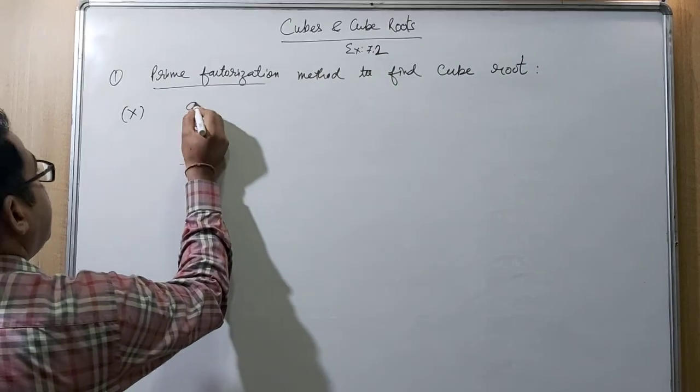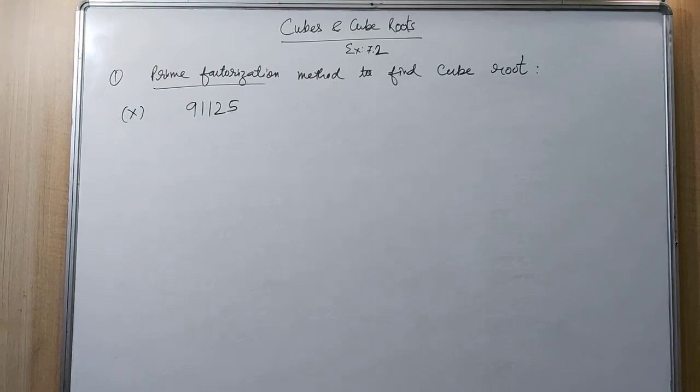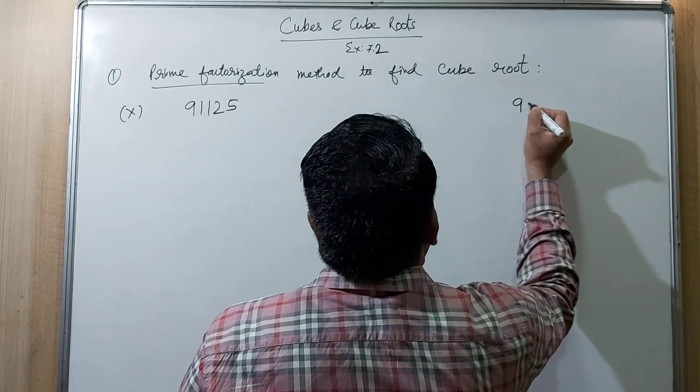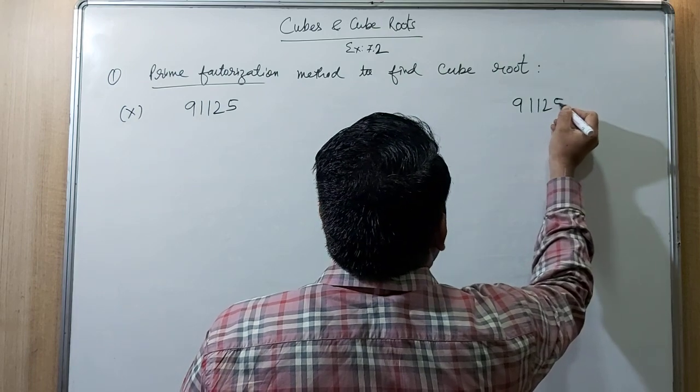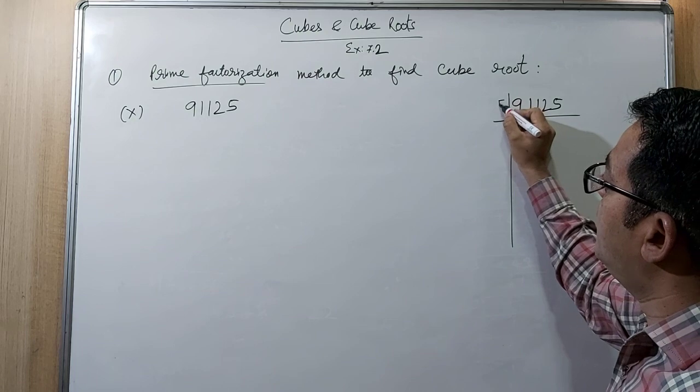91,125. So we need to find the prime factors first. You can see we can divide it by 5.